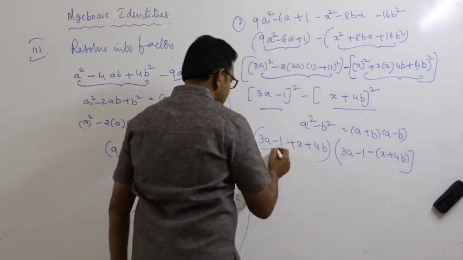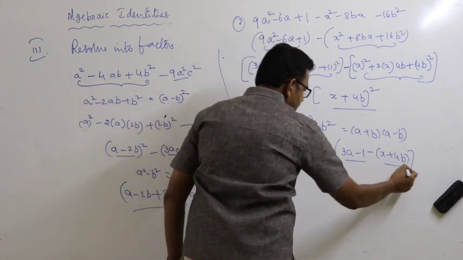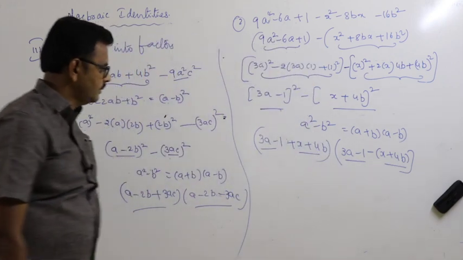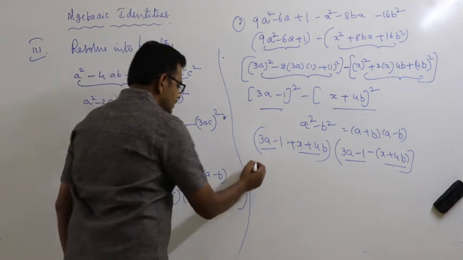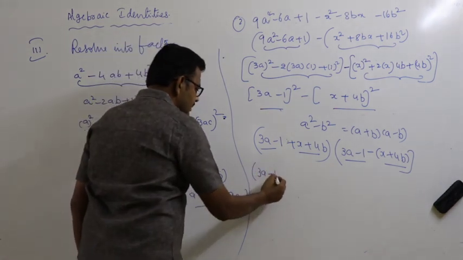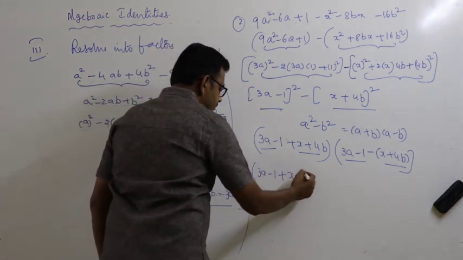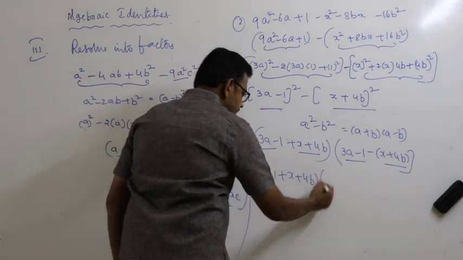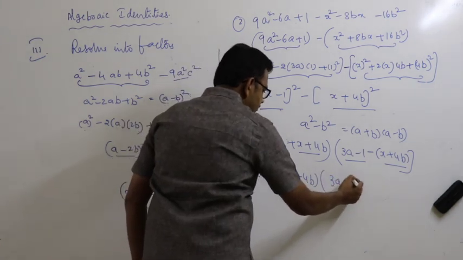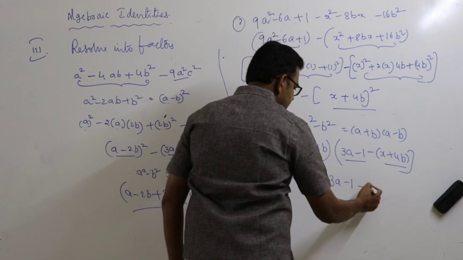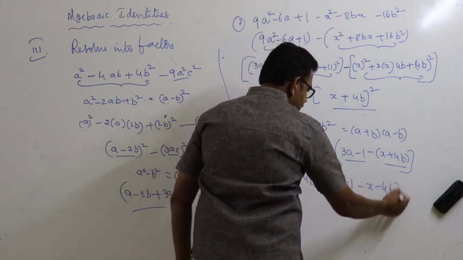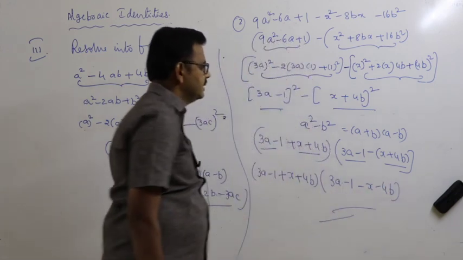So this is a plus b, a minus b. So this is 3a minus 1 plus x plus 4b into 3a minus 1 minus x minus 4b. So these are the factors.